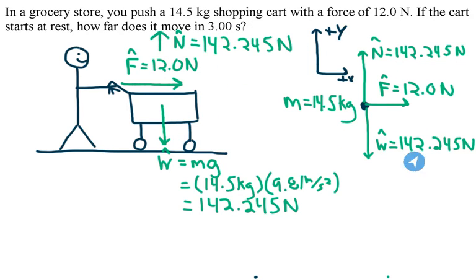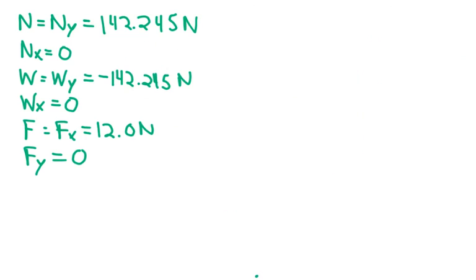I sort of went above and beyond for this example just to get you used to breaking vectors into their x and y components. So the only one that we really need to worry about is the sum of forces in the x direction, and that's going to be equal to the mass times the acceleration in the x direction.